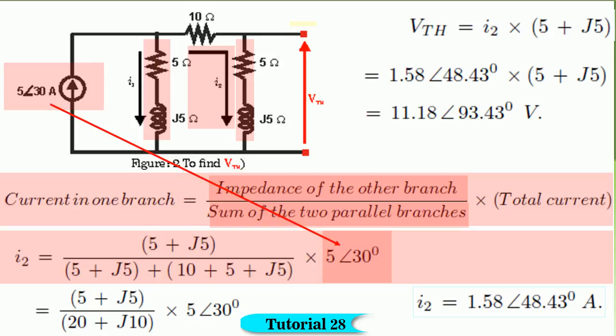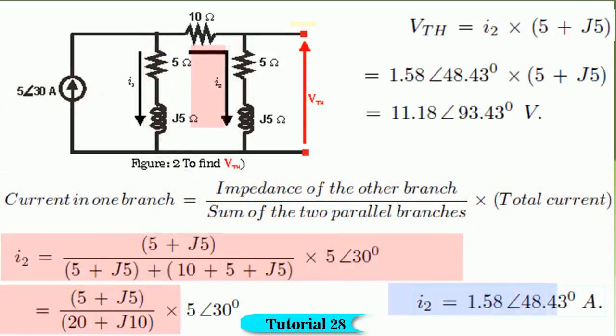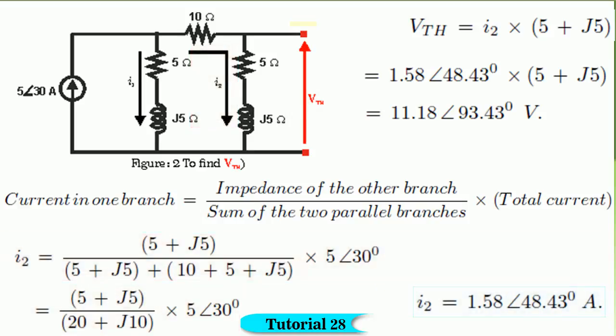So, by substituting the values, we get I2 is equal to 1.58 angle 48.43 amperes. But V Thevenin is equal to I2 into 5 plus j5. By substituting the values of I2, we get V Thevenin is equal to 11.18 angle 93.43 volts.